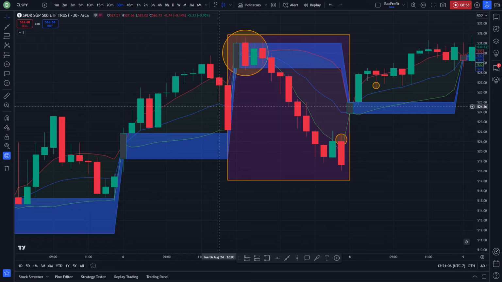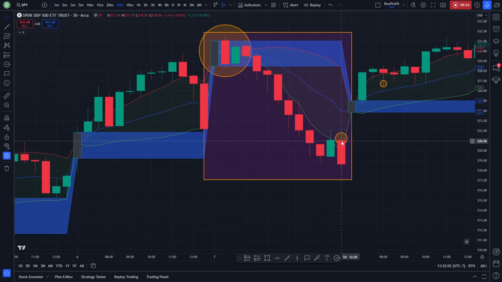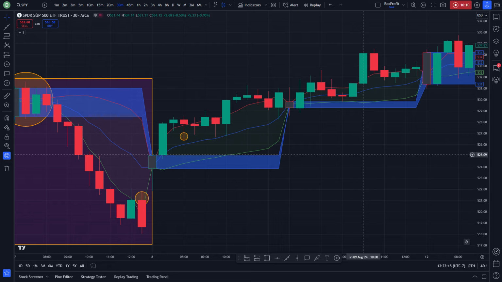You see that once it broke down, we had a really clear run, and our exit was right there, as you can see from this other green line. Our exit was clear. It's not about a sprint. You're here to take your time and capture whatever you can capture.